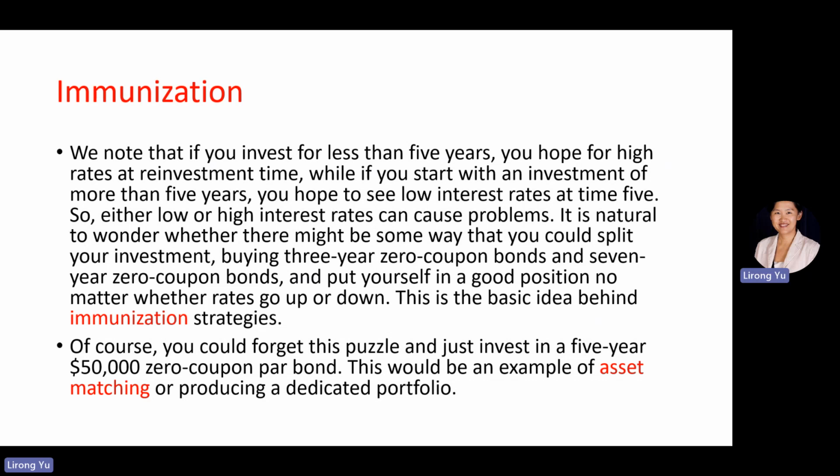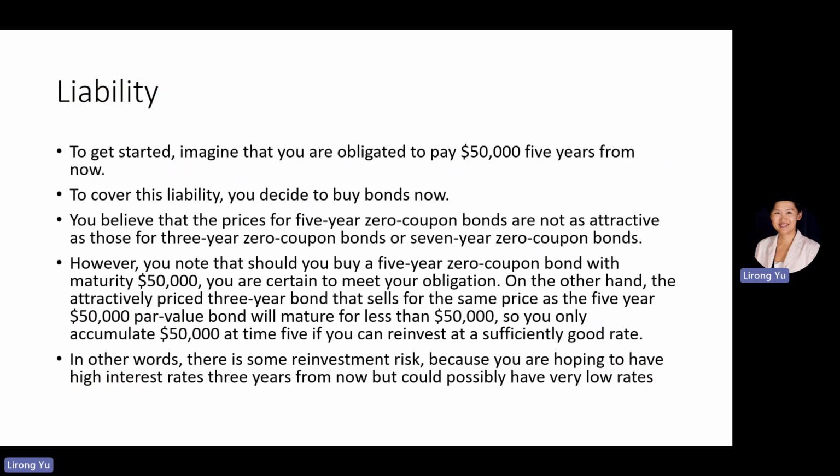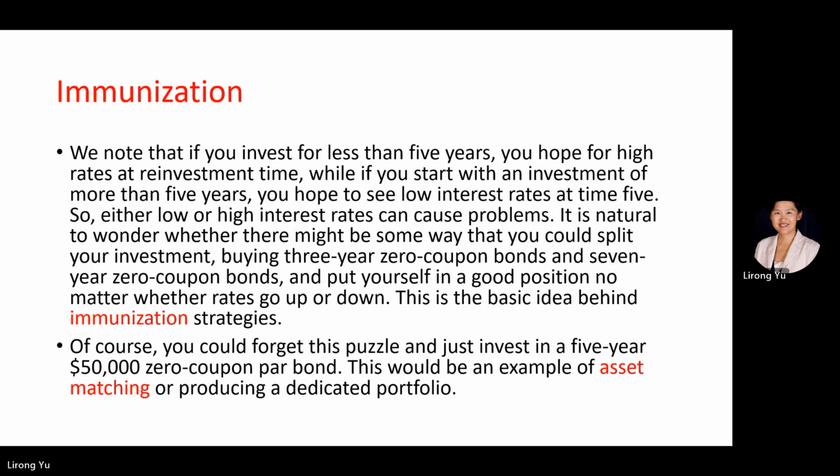If you're using a 3-year zero coupon bond and a 7-year zero coupon bond to create a portfolio that has the same cash flow as a 5-year zero coupon bond, then the 3-year bond matures earlier than 5, so you have to reinvest it, and the 7-year bond will not expire, and you might have to find its 5-year value. So there are different considerations.